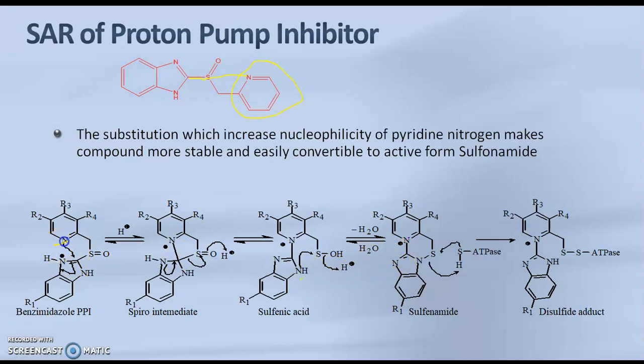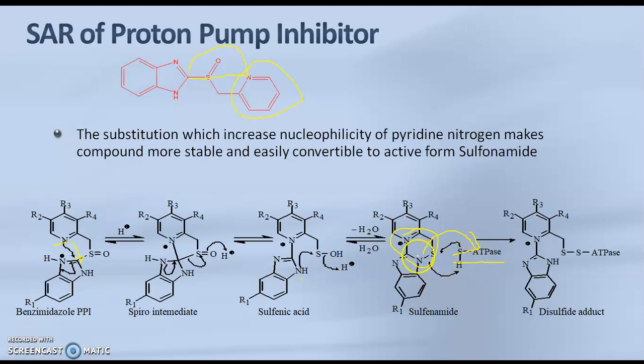In this way this ring is getting cyclized and a new ring is forming over here, and this new ring is responsible for blocking the proton pump enzyme. So formation of this ring is essential for binding with the proton pump.